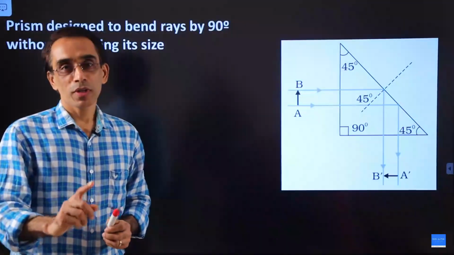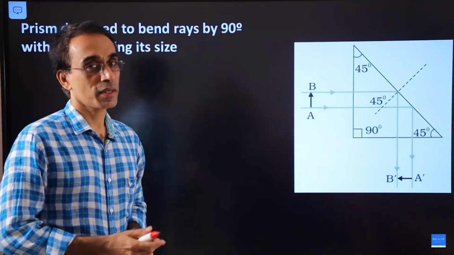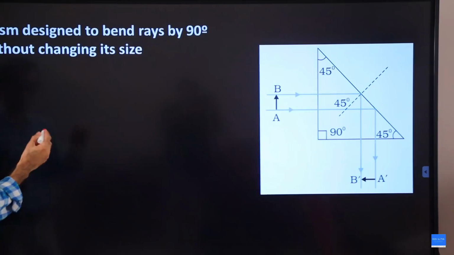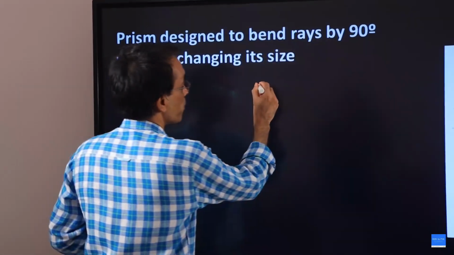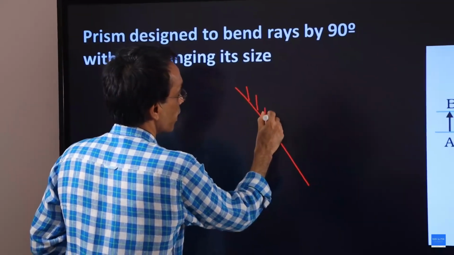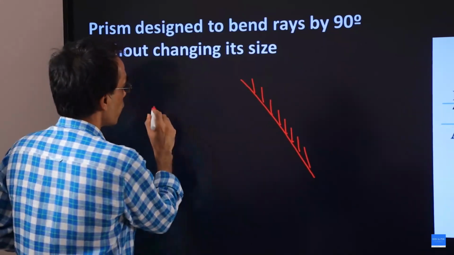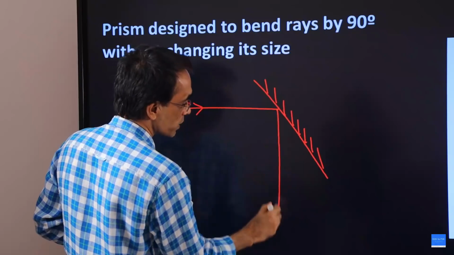Now we are going to compel a prism to do the work of a plane mirror. You must know a plane mirror: you have a plane mirror like this. This is the non-reflecting side, this part is the reflecting side. What will happen if a light ray falls on a plane mirror like this one? It can reflect to this side.